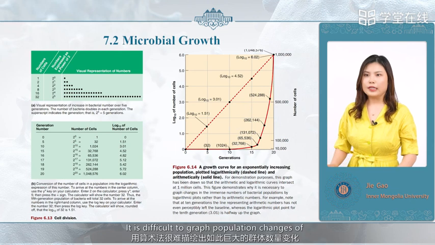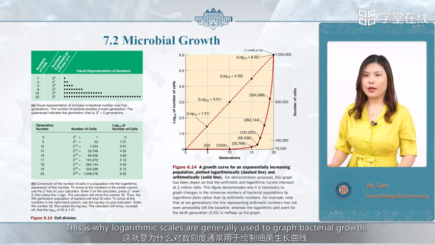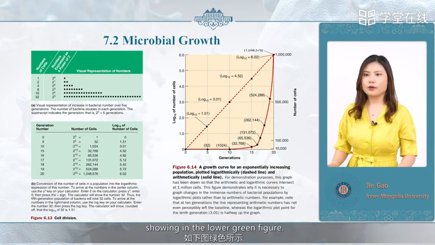21 zeros. It is difficult to graph population changes of such numerous magnitudes by using arithmetic numbers. This is why logarithmic scales are generally used to graph bacterial growth, shown in the lower green figure.